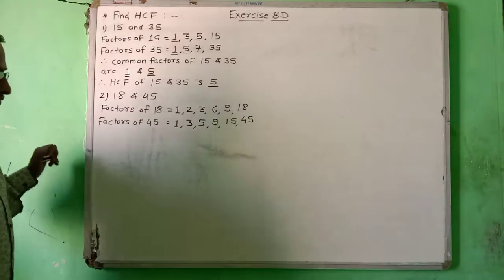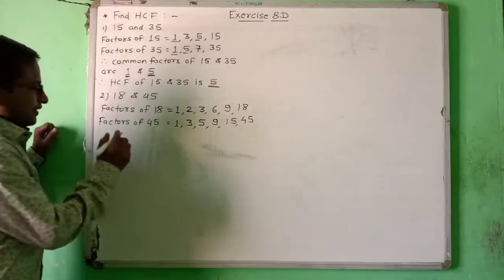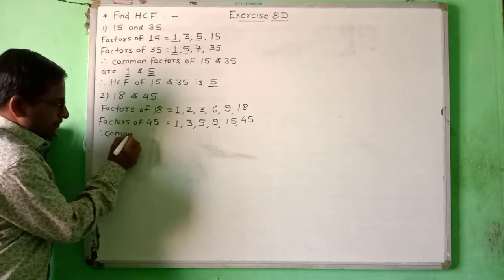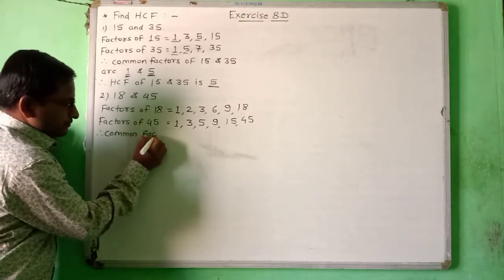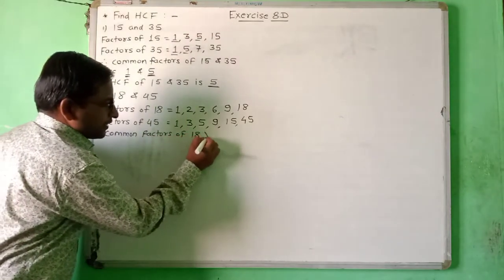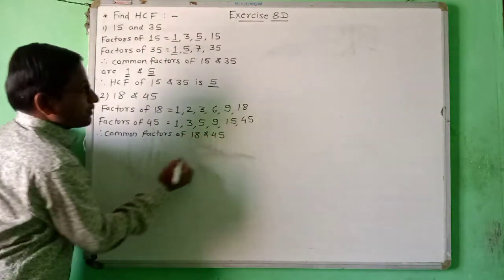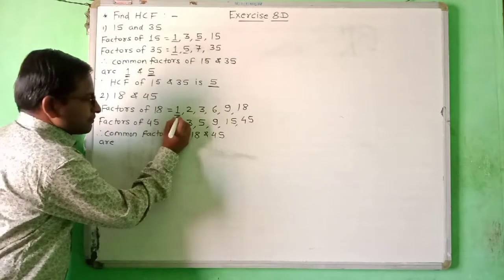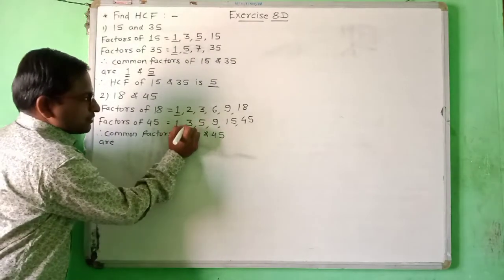So first you write the common factors. Therefore the common factors of 18 and 45 are: 1 is present in both the numbers. Then 2 is not present here.